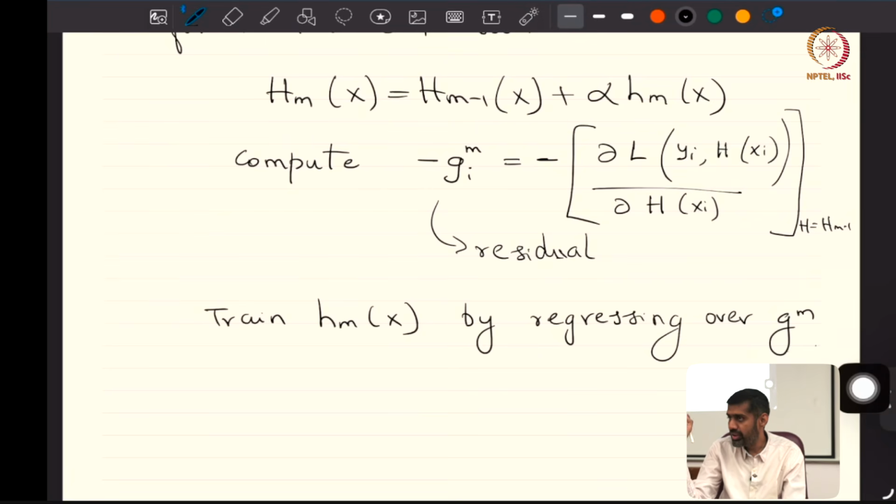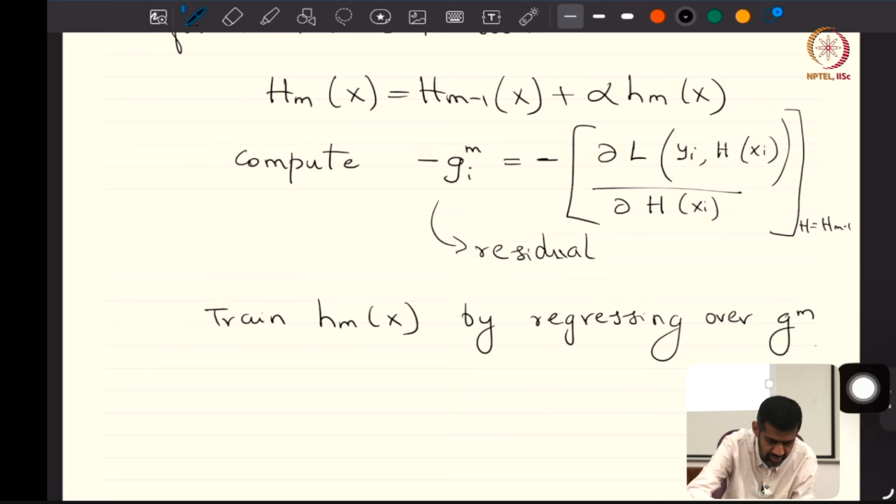You will have to compute the residual for every data point, and once you do it for all data points at a particular iteration, use that and regress to find the next classifier.